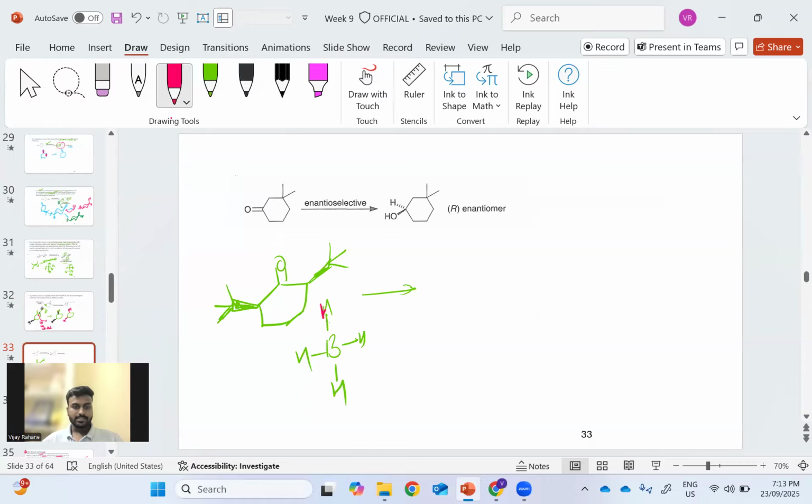This hydride attack is only possible from the bottom side, opposite to this bulkier tert-butyl group. Why? Because attack from the top side is sterically hindered because of this bulkier tert-butyl group, and in this case we get the product selectively. So this group remains the same.